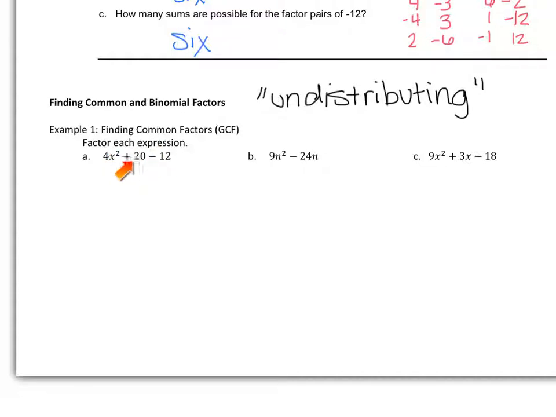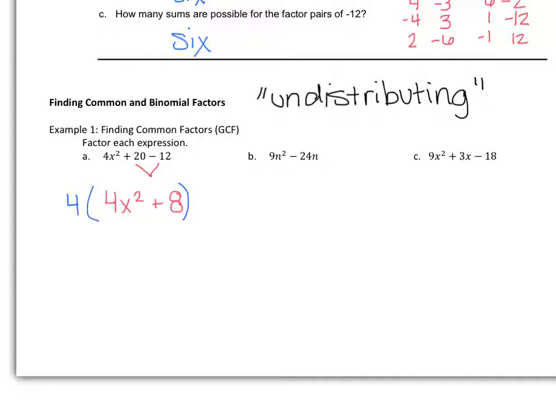So first here we have like terms. We can combine those. So we get 4x squared plus 8 when those are combined. And then do we have something common between the two terms? Well, 4 goes into 4x squared, right? And 4 also goes into 8. So what we can do is bring it out to the front.